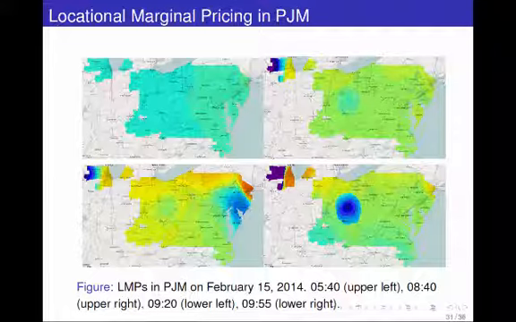Then later in the day, New York and New Jersey over here are waking up, so you have to send power into New York. There are lines that are bringing power into New York that are congested, so the local power in New York is jumping up. The LMP outside of New York is less expensive, and so on.